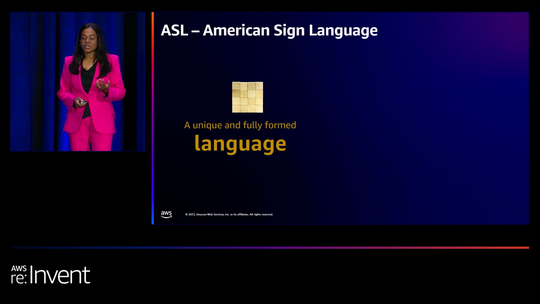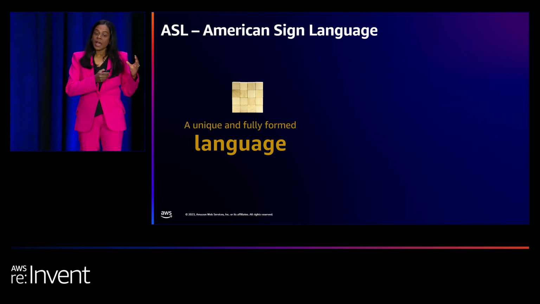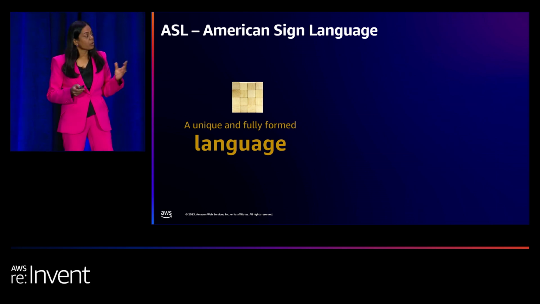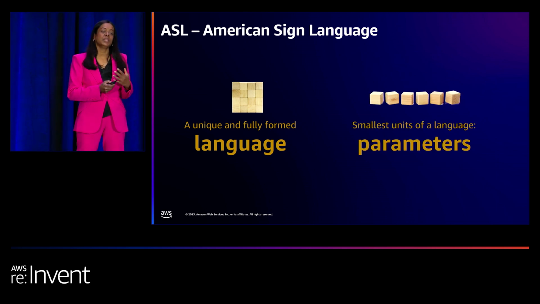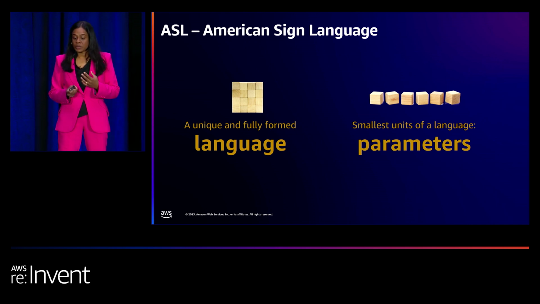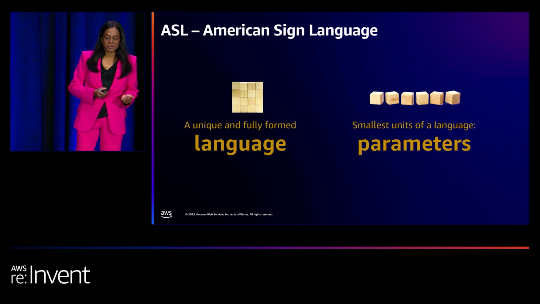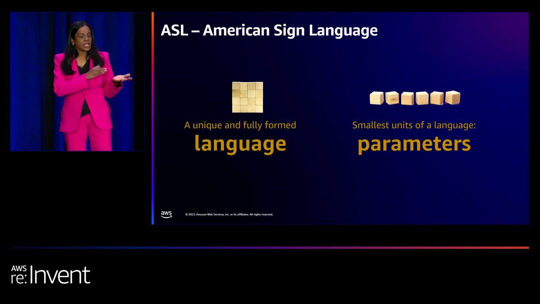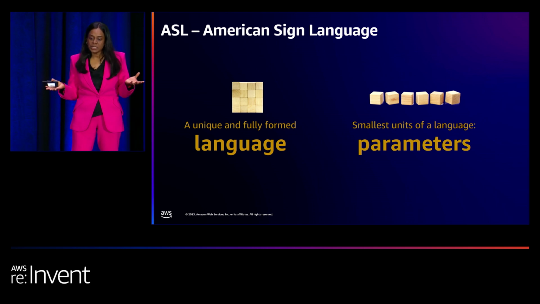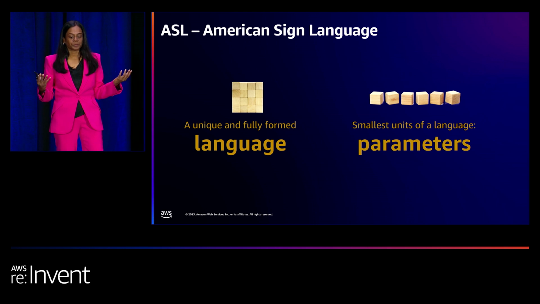American Sign Language is a full and unique language, which has its own grammar structure, morphology, and syntax that is unique to itself. In ASL, the smallest units of the language that are combined to form a sign are called parameters. They include hand shape, palm orientation, hand movement, and facial expressions.